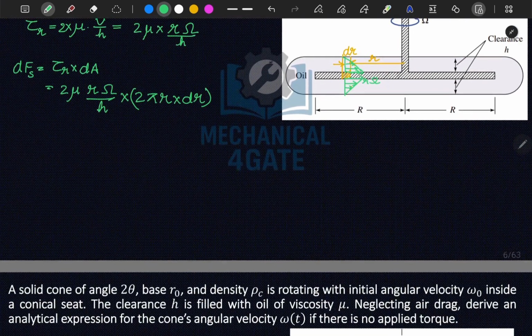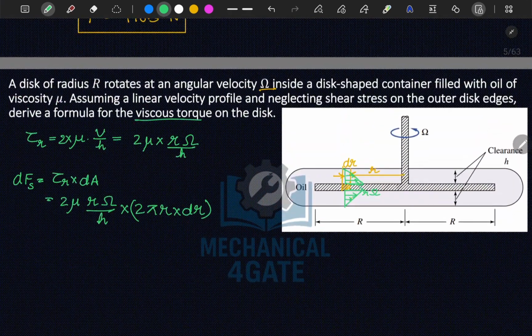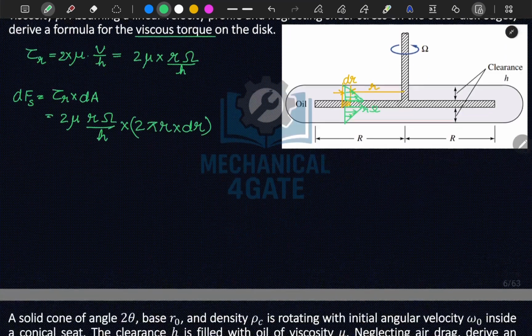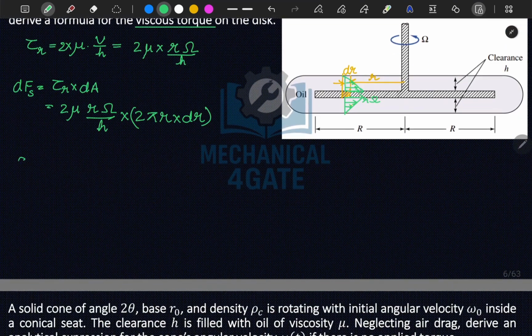Here we have been asked to calculate the viscous torque. So the torque dT at radius r will be given by dFs into r, since it acts at a distance r.